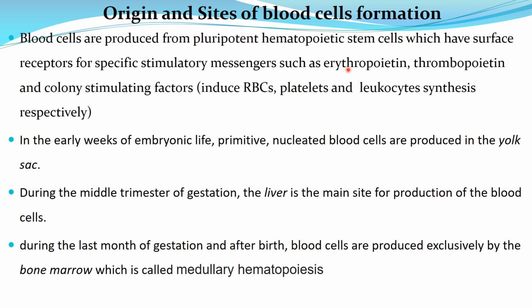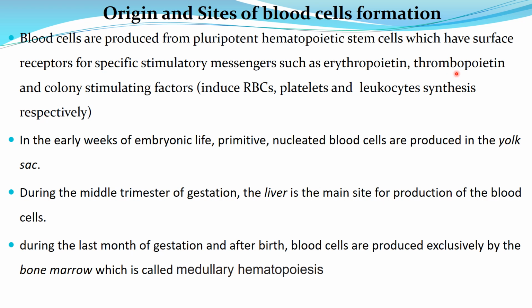Into erythrocytes. Also, this hormone, or this ligand, is called thrombopoietin. Thrombo means what? It means the thrombocytes or platelets. Thrombopoietin is responsible for inducing the pluripotent hematopoietic stem cells to differentiate into thrombocytes or megakaryocytes.